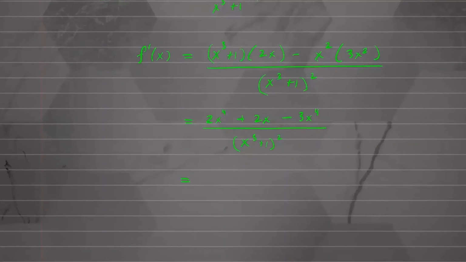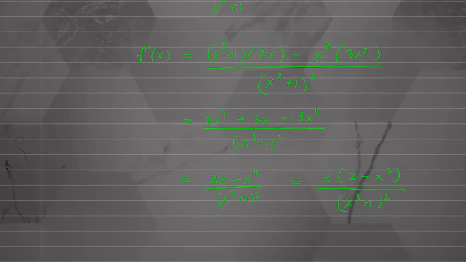So if we simplify the numerator, we get 2x, and then 2x to the 4th minus 3x to the 4th, that's just minus x to the 4th, over x cubed plus 1 squared. Factoring out an x from the numerator, we have x times 2 minus x cubed over x cubed plus 1 squared.